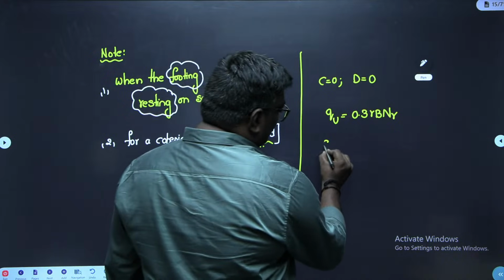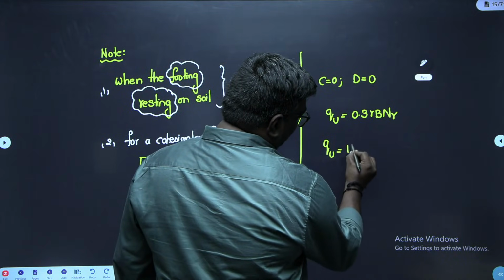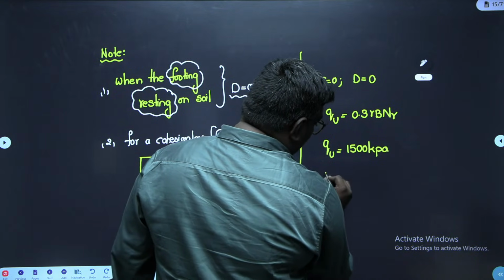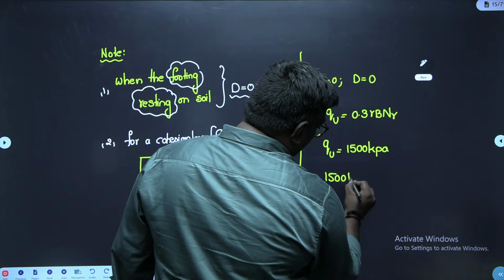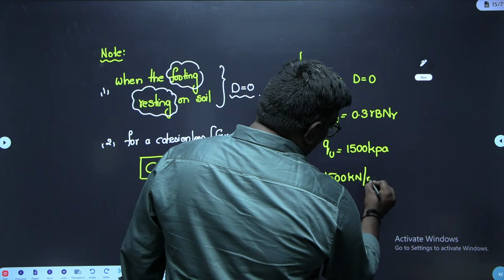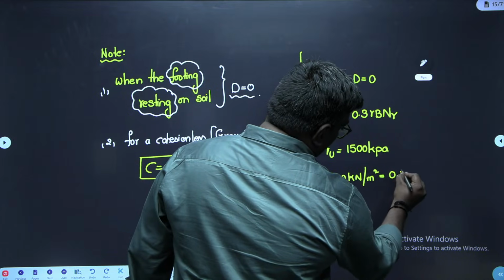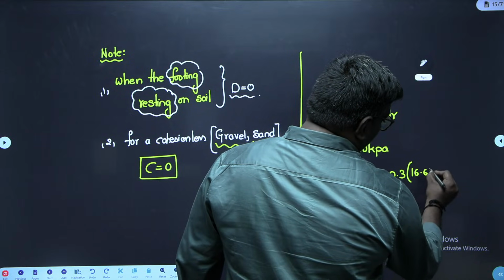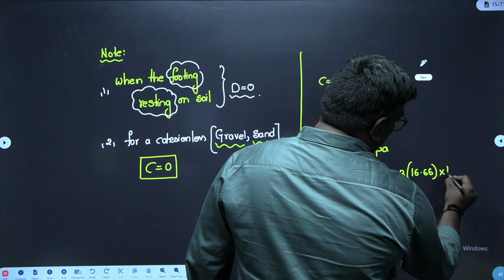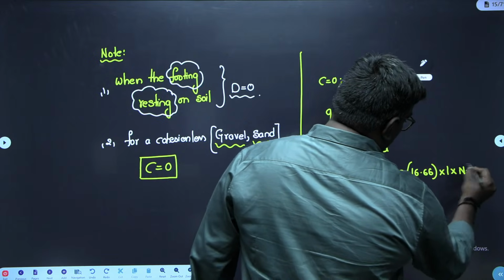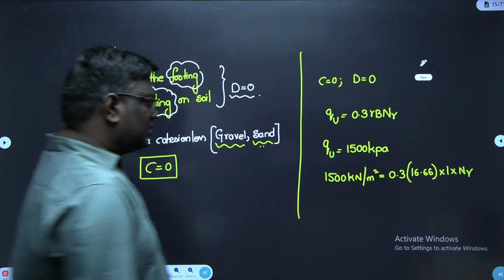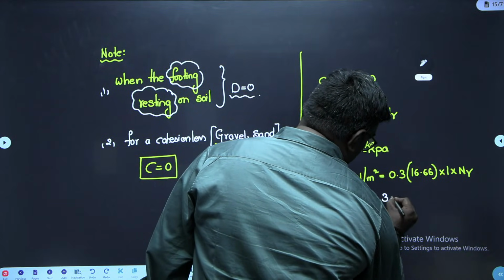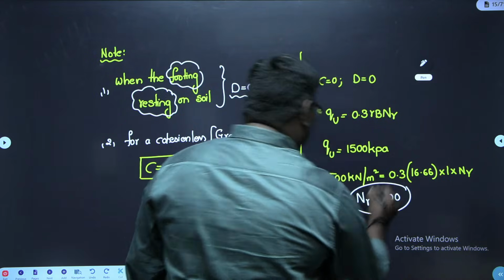So here QU is equal to 1500 kN per meter square, equal to 0.3 into gamma, and B is the width given as 1, and N gamma. If you solve this, my dear students, you will get a value of N gamma approximately equal to 300. So the question is very easy.